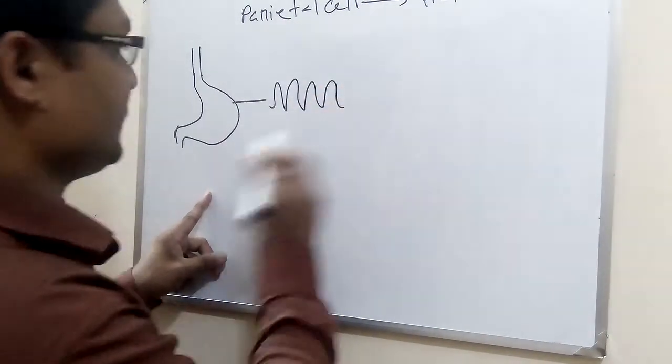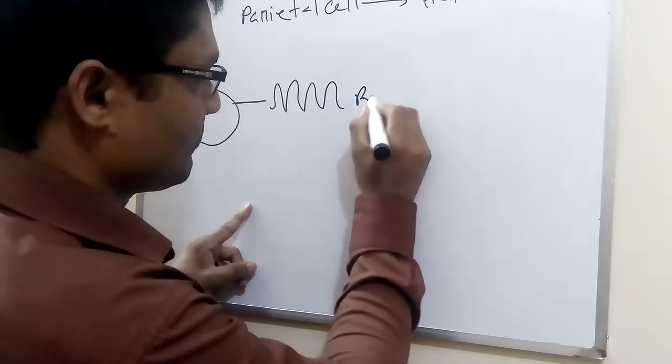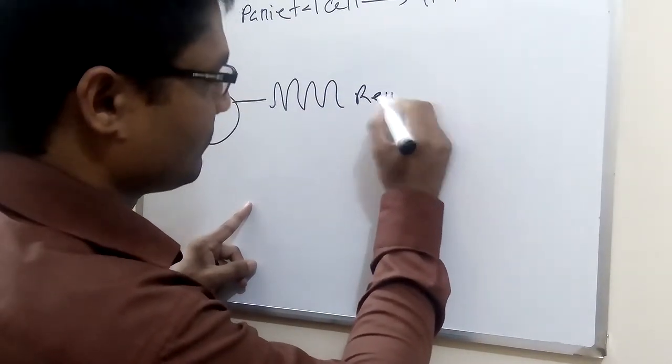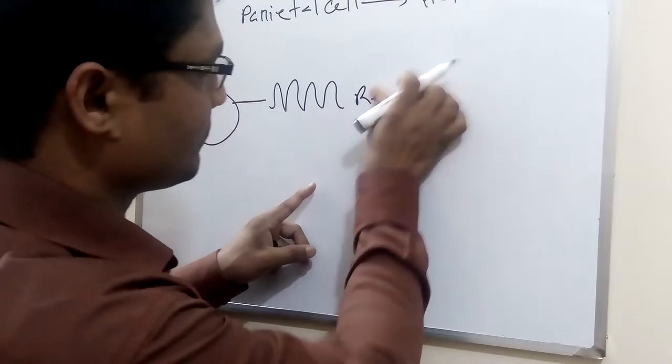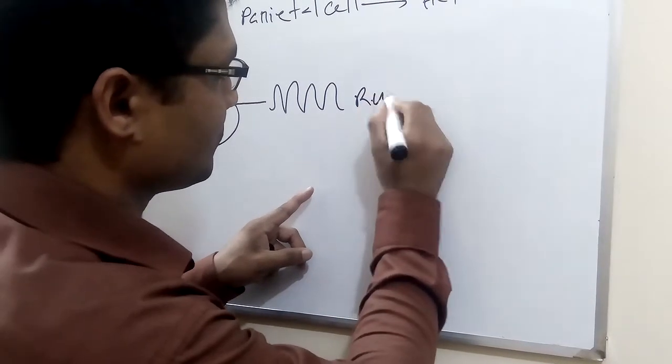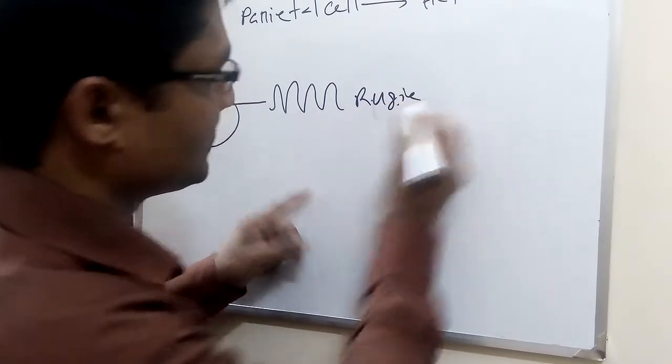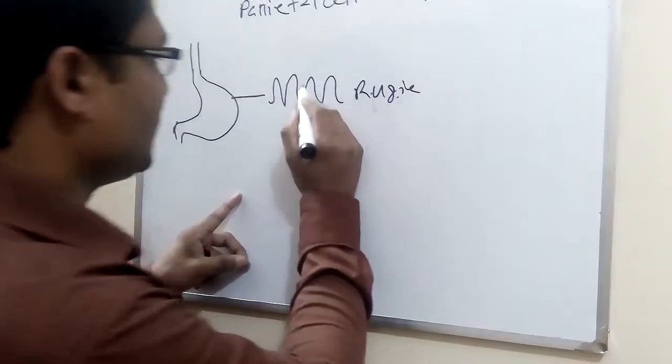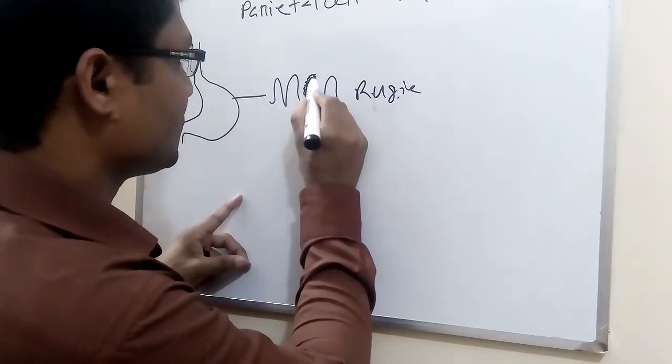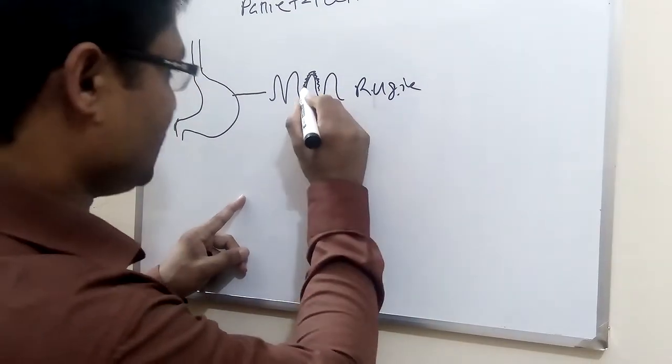It's called the rugae. And here there is another part.